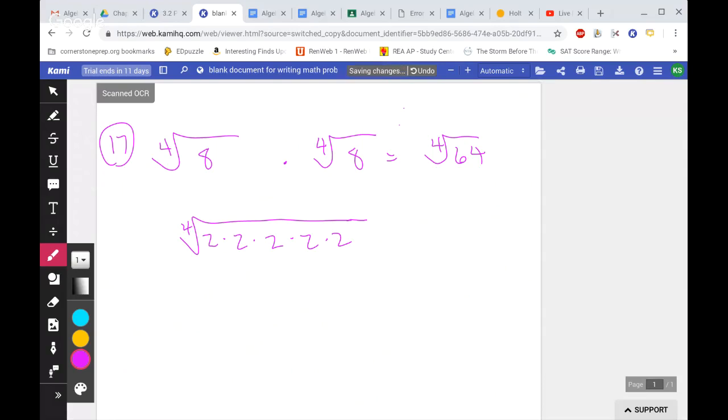I think that's it. I said I knew. Wait a minute. 2 times 2 is 4. 4 times 2 is 8. Times 2 is 16. Times 2 is 32. Times 2 is 64. So I said I knew. All right. So then I'm going to cross out 4. And that leaves me 2 to the fourth root of 4.